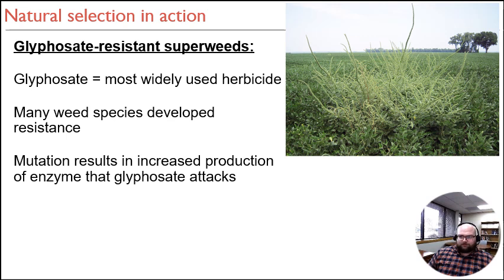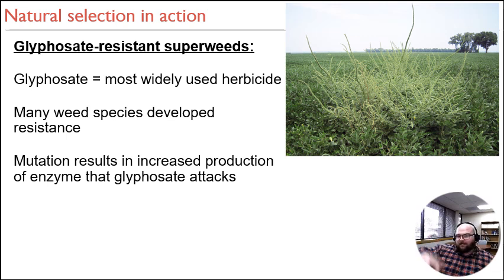Some other examples in agriculture. This would be more artificial selection in that it's a man-made presence, but glyphosate, aka Roundup, right? We found that while glyphosate is a widely used, widely effective herbicide, over time it's led to, guess what, Roundup-resistant weed species, where some of the population had a natural resistance to it.